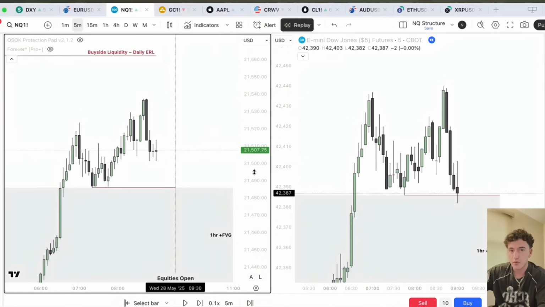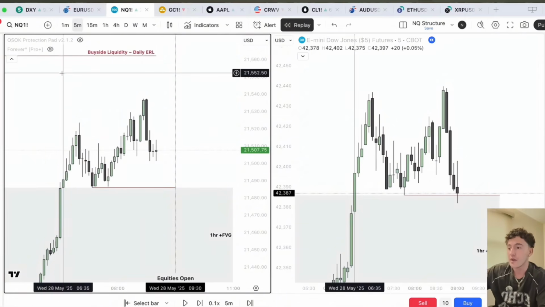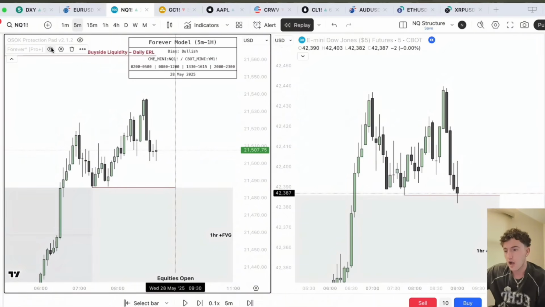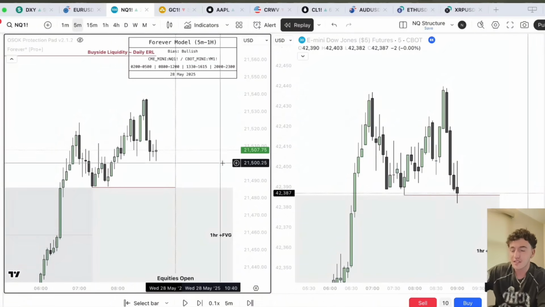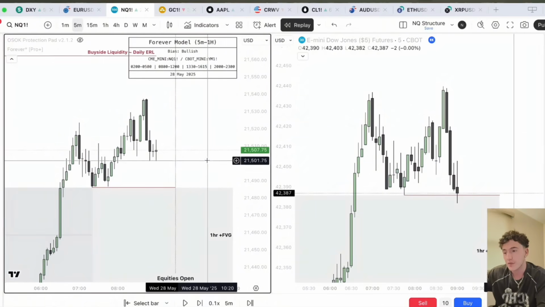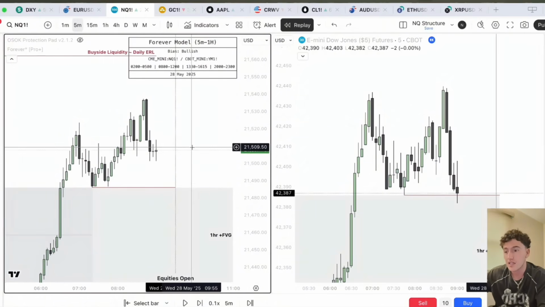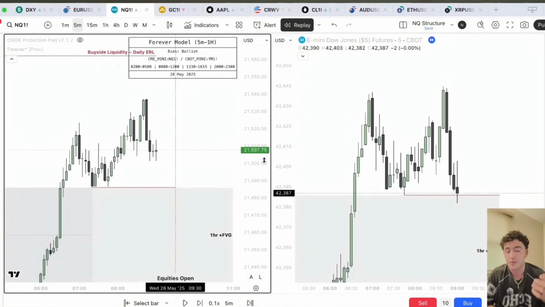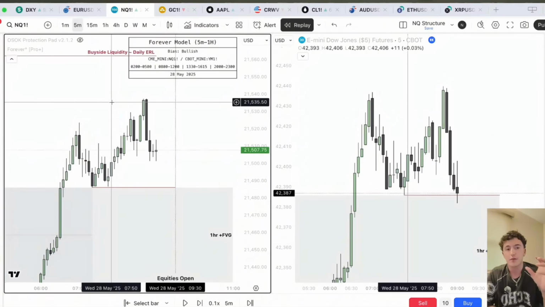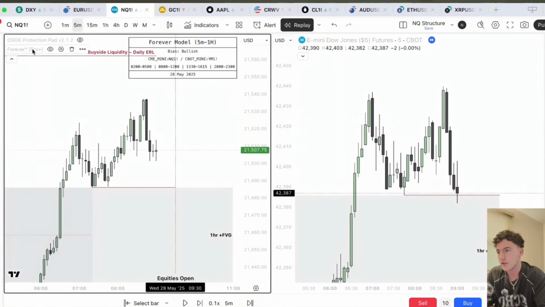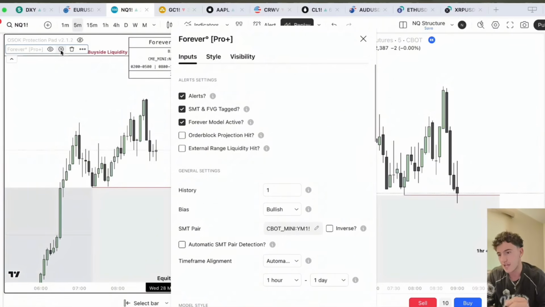So at this point in price, I'm going to utilize my Forever Model indicator, toggle that on, and see what could potentially happen from here on, because this is when my indicator actually alerted me that we had a potential 1 hour to M5 setup on this exact trade. Now, for the people that have my indicator, I want you to go to the settings tab of it.